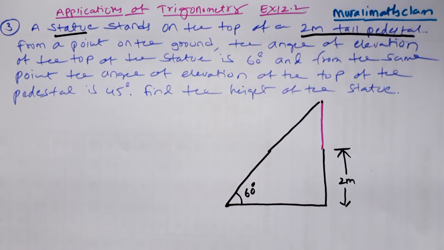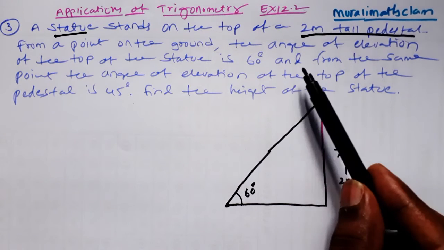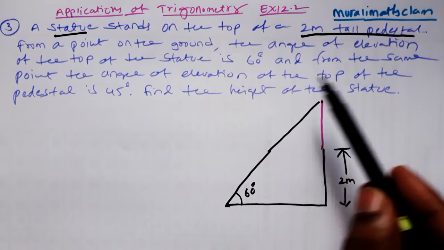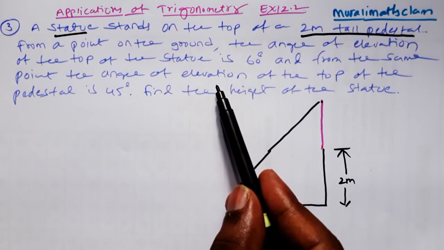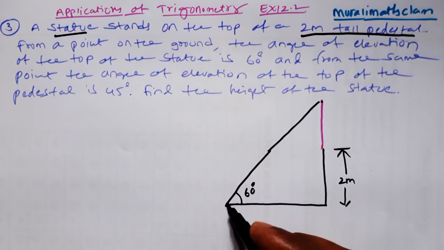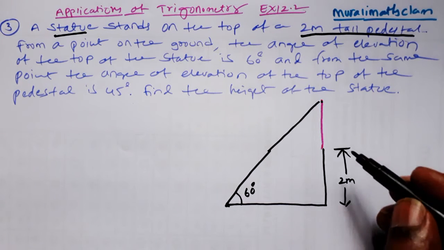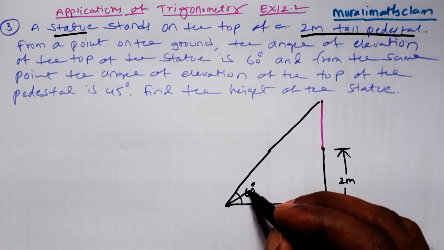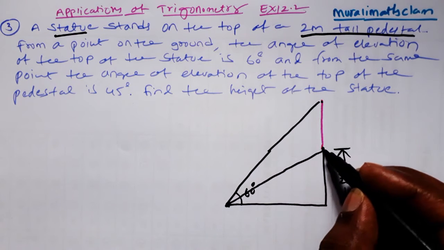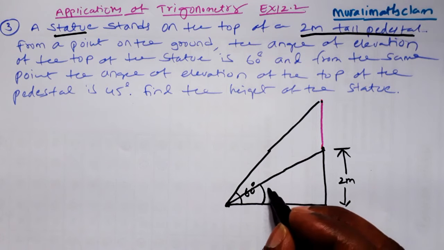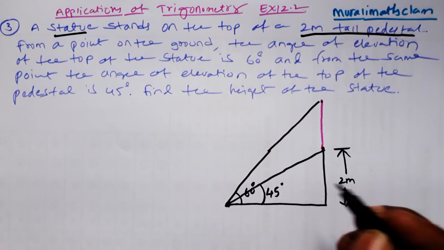And from the same point, this point only, the angle of elevation of the top of the pedestal. From this same point, the top of the pedestal, this angle is given as 45 degrees.